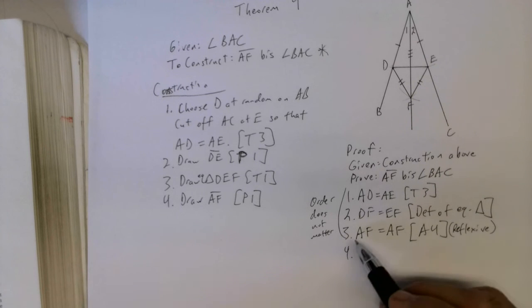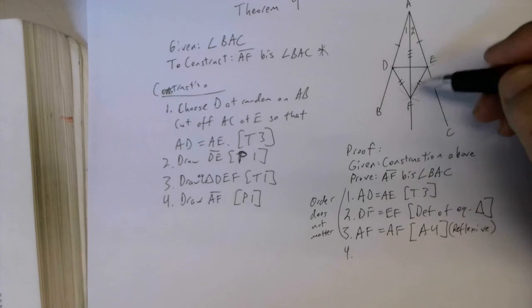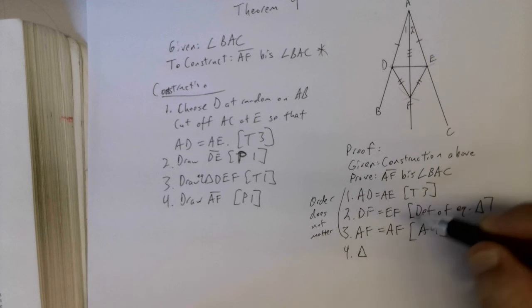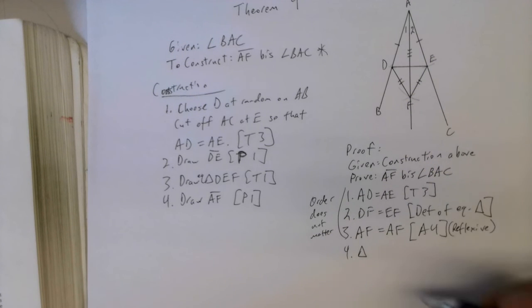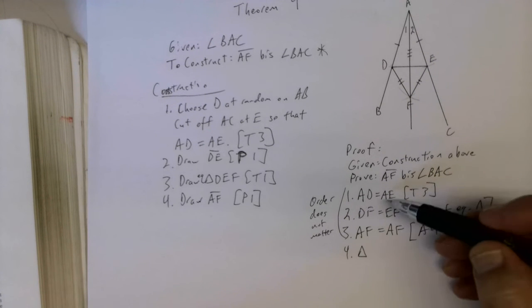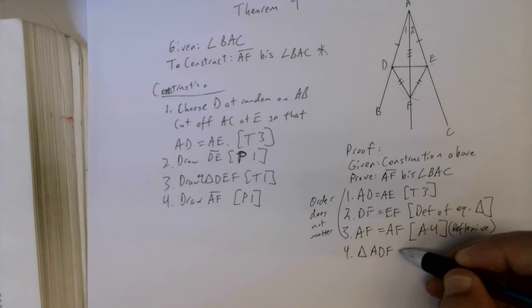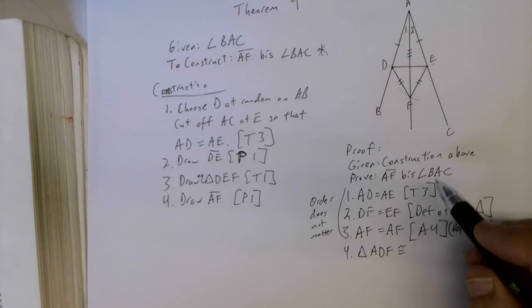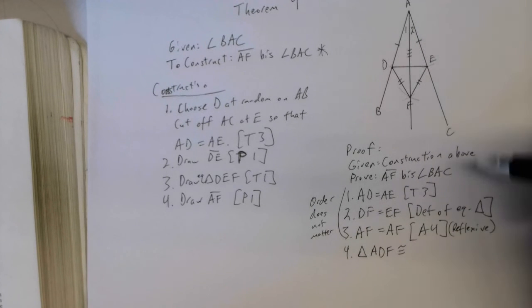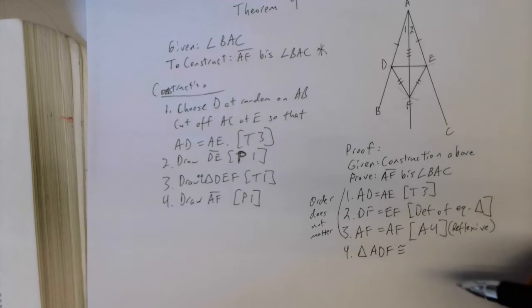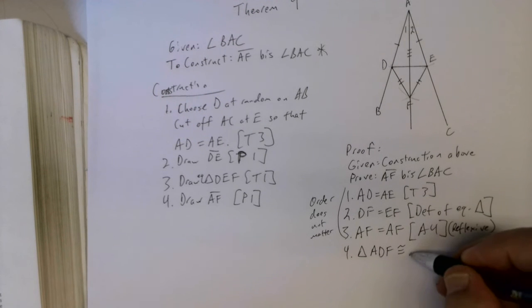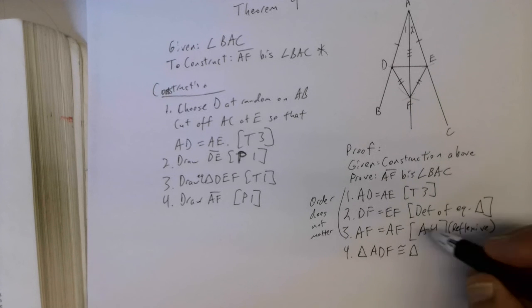So you can't say ADF and AEF triangles are congruent until you've said all 3 of these things, because it takes 3 sides, according to Theorem 8, to prove that triangles are congruent. Or it takes 2 sides and an included angle, but we don't have any angles congruent on these 2 triangles yet. So we're going to just use the sides instead.